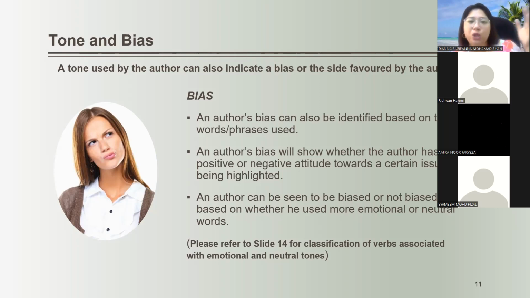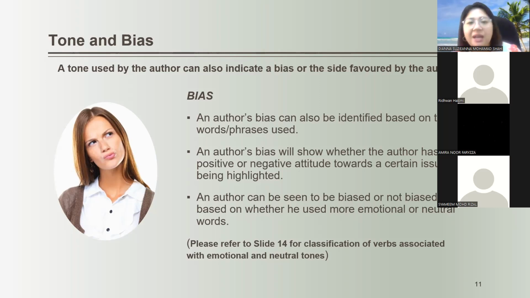All right, so when you read the whole passage, you can come up with the idea whether the author is showing bias. Maybe he is positive that ebook is better than printed book.